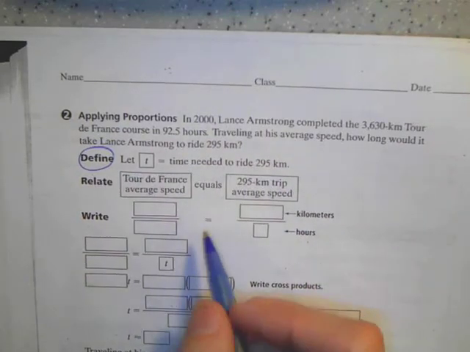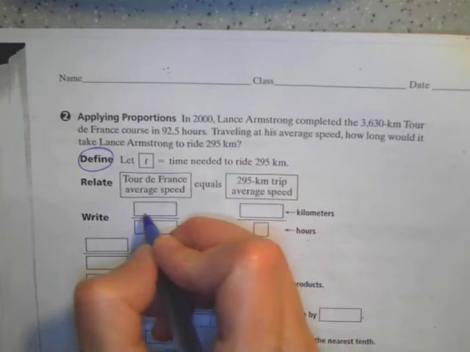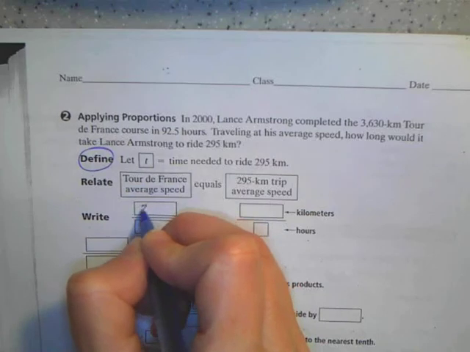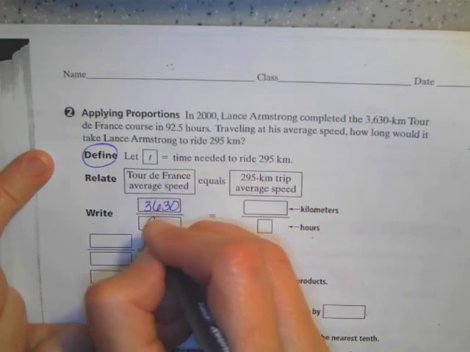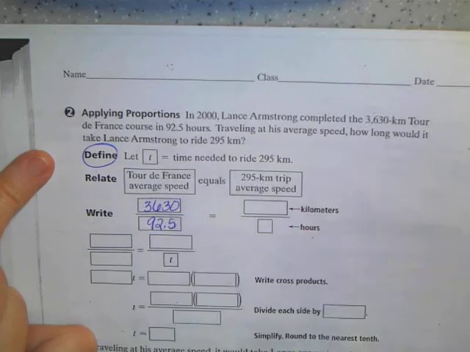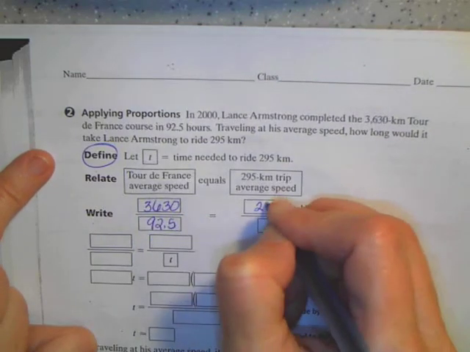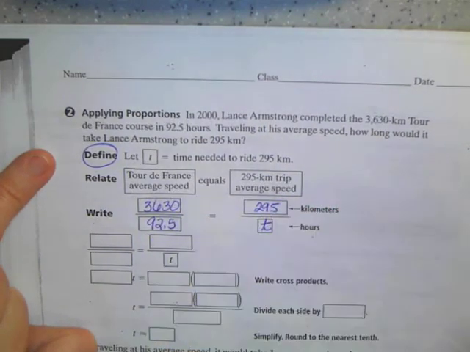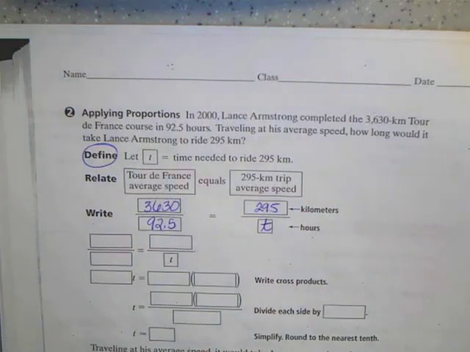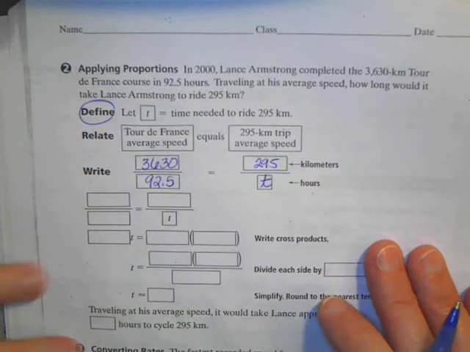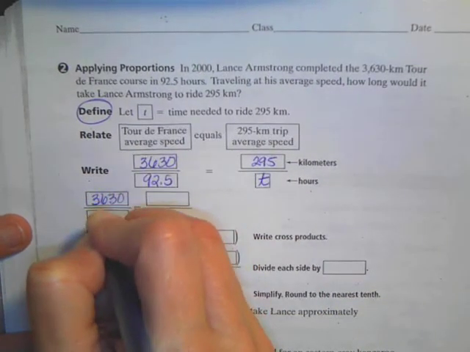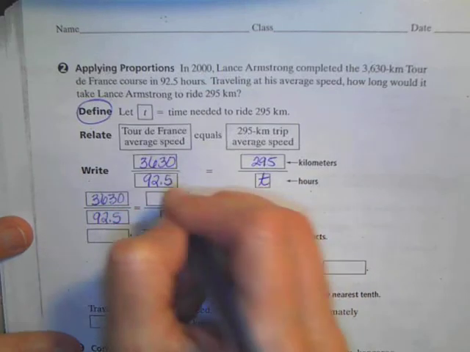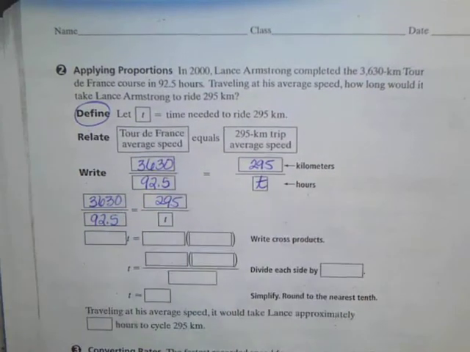That's going to give us 3,630, the distance traveled, over the number of hours, 92.5, equal to 295 kilometers over the number of hours that it's going to take to ride that distance. And we set them equivalent to each other. So we have 3630 over 92.5 equal to 295 over T.